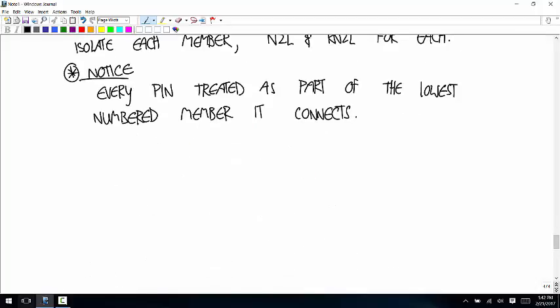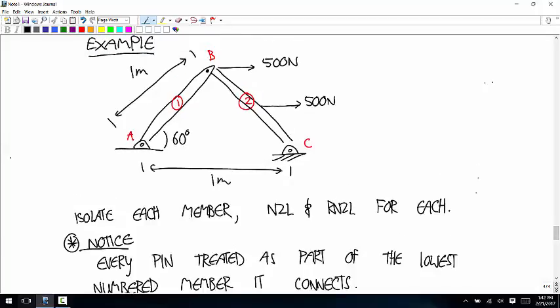So let's do member 1. So free body diagram of 1. There's a pin down at the ground, so that's an unknown force vector. I'll call that RA. And then up at the top, that pin is part of member 1.